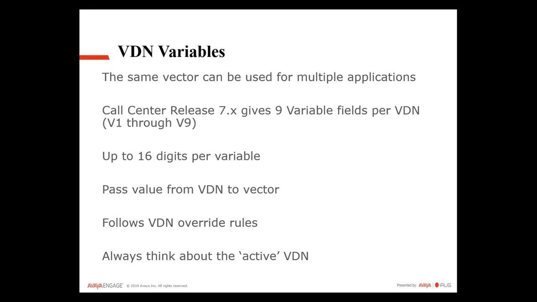So you have 16 digits per line, and we can pass it. We'll cover the passing of the value from the VDN to the vector, which makes it so you can change all of those settings and use the same vector set. The VDN override rules we're going to spend some time on, because VDN override is so important with the variables, and it's also something that took me forever to really understand.